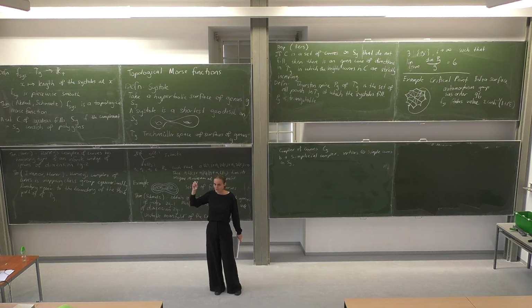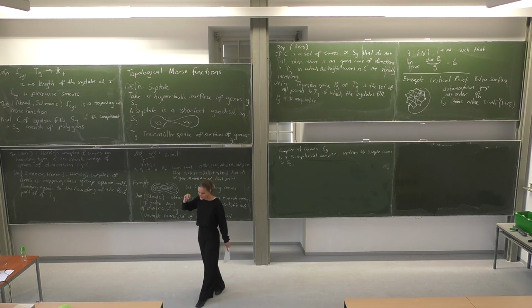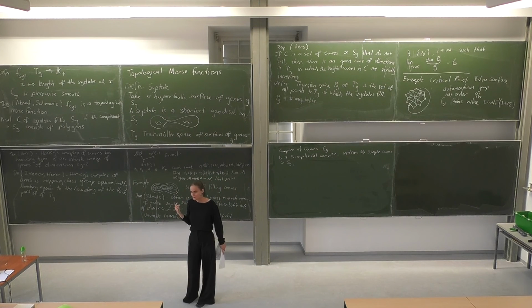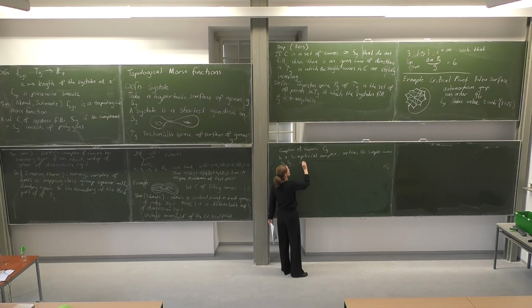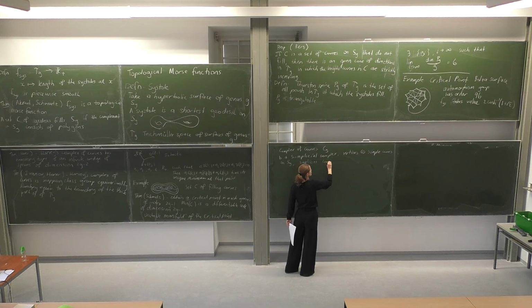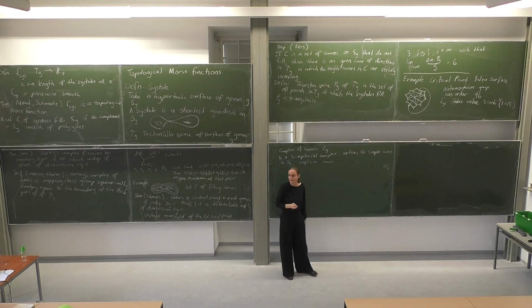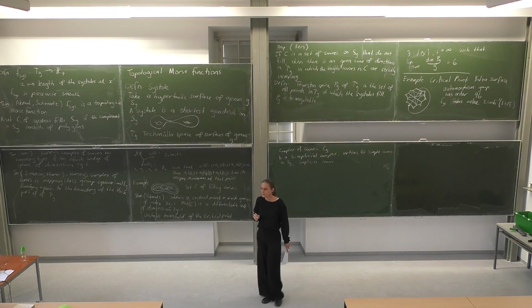So you have a simplex with vertices given by any multicurve.